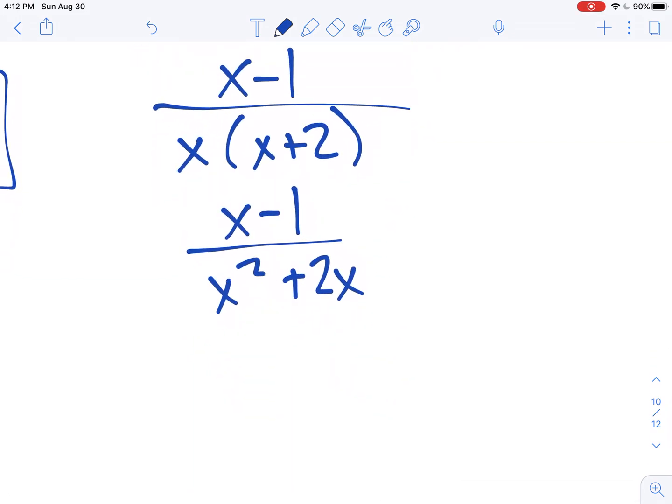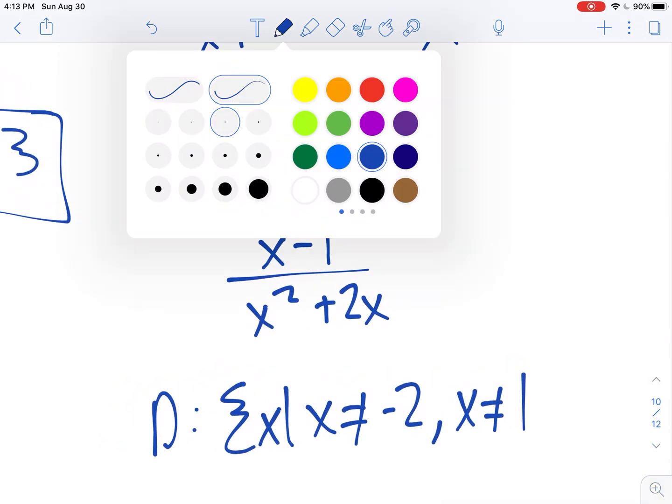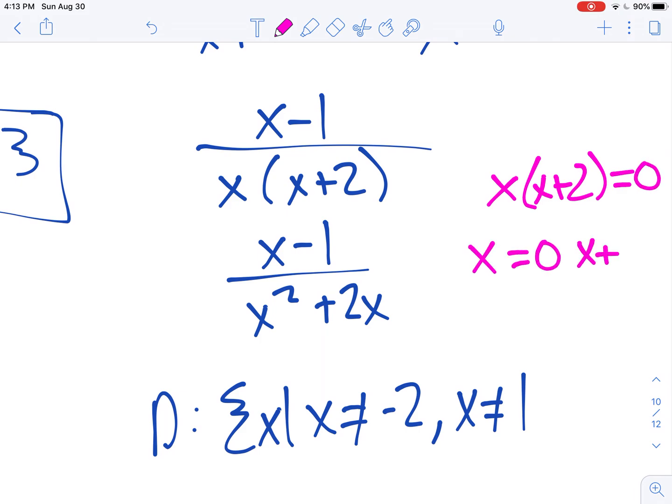My domain here, I already know it's going to be all values of x, where x cannot be equal to negative 2, x cannot be equal to 1, but in this case I'm going to have another special example. I set my x times x plus 2 equal to 0, which means that I've got x is equal to 0 and x plus 2 is equal to 0. We already know that x can't be equal to negative 2.